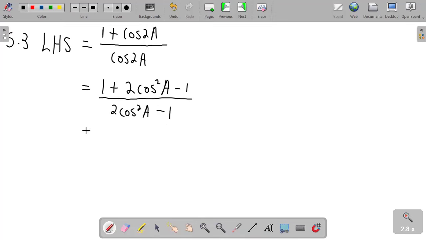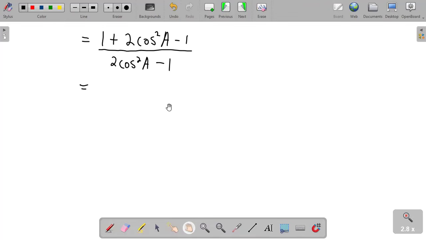At the top we're left with 2 cos squared a, since the 1 will minus the 1, and then the bottom is 2 cos squared a minus 1.